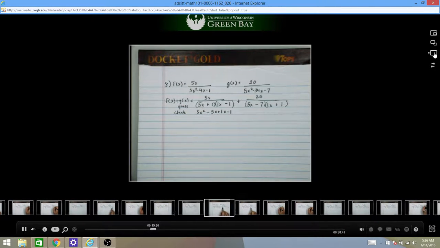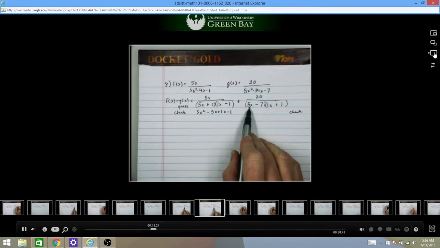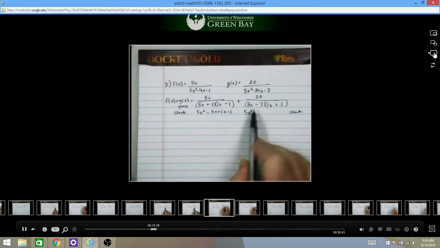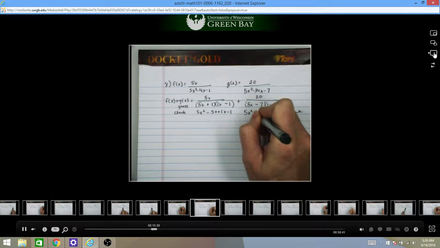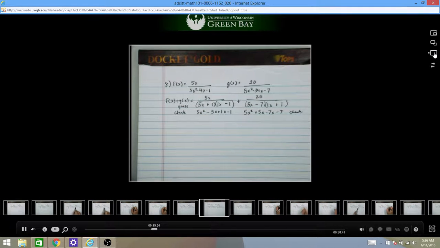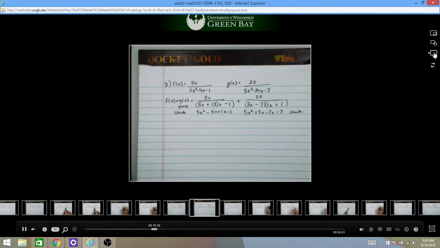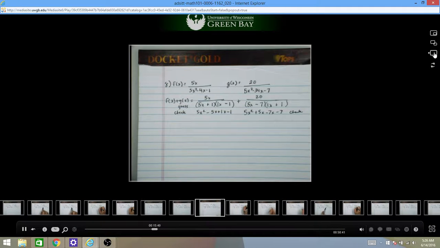So you multiply it out. 5x times 1x is 5x squared. Outer terms would be 5x times 1, so 5x. Inner is negative 7x, and last, negative 7. So this was not a good guess, because the 5x and negative 7x add to negative 2x, not negative 34x.